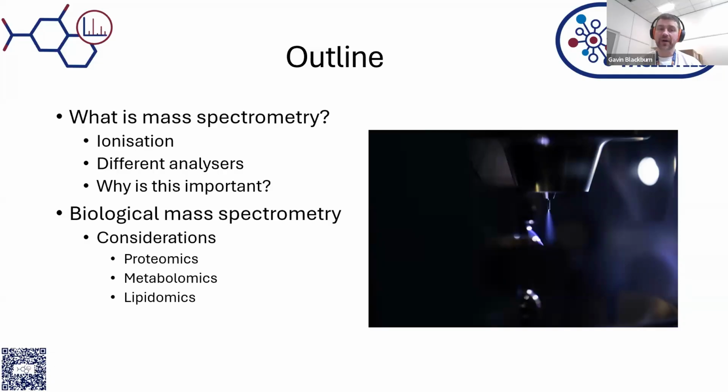We're then going to go into biological mass spectrometry. We're going to go into some of the considerations for this because as an omics science and as a tool that's applied to omics sciences, mass spectrometry can be pretty tricky. And that's due to the vast array of things that we can measure with these systems.